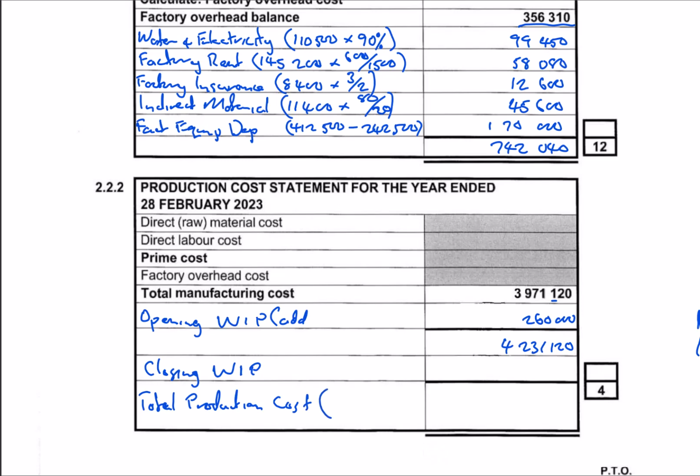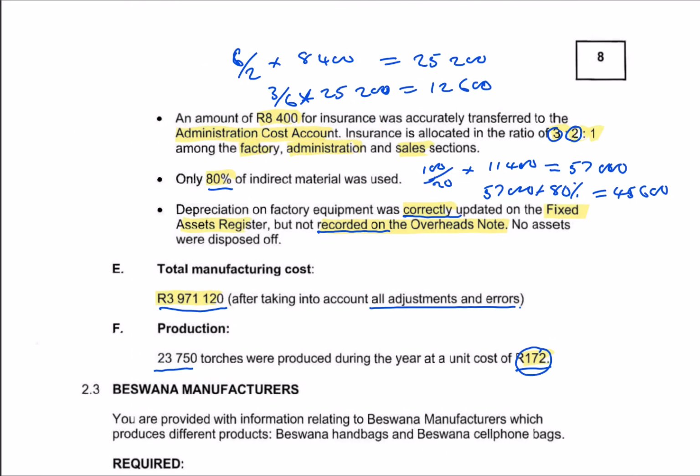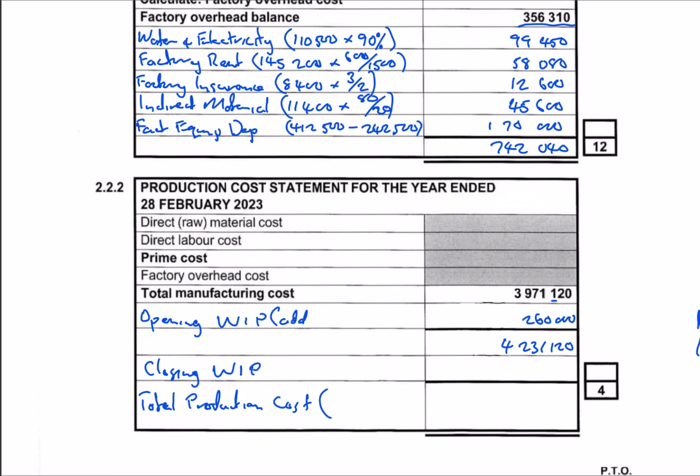That will be 23,750 times 172, and this will give you 4,085,000.